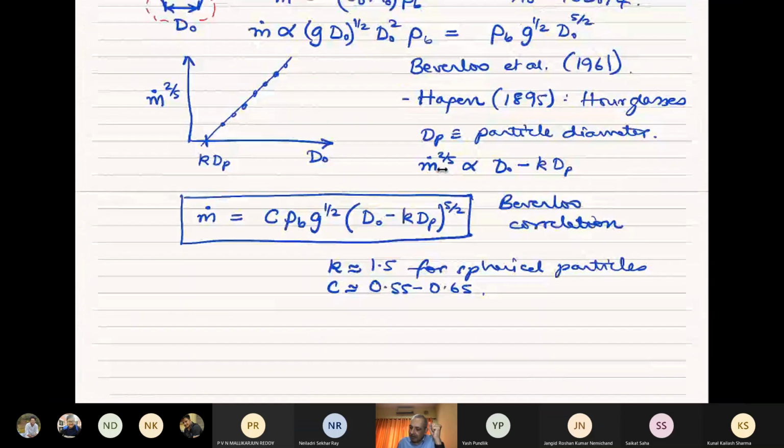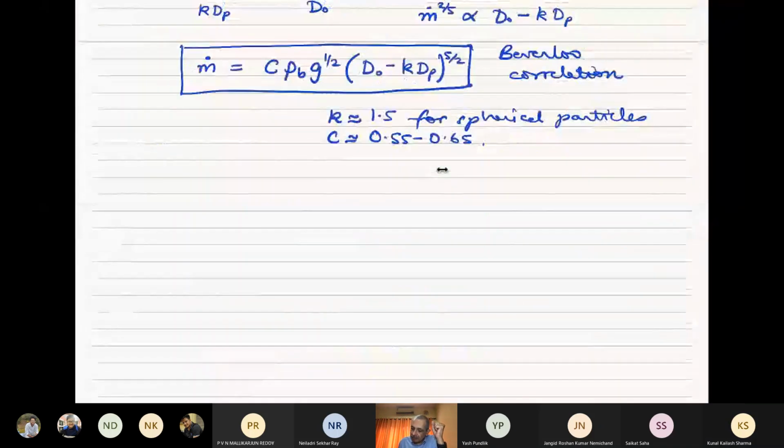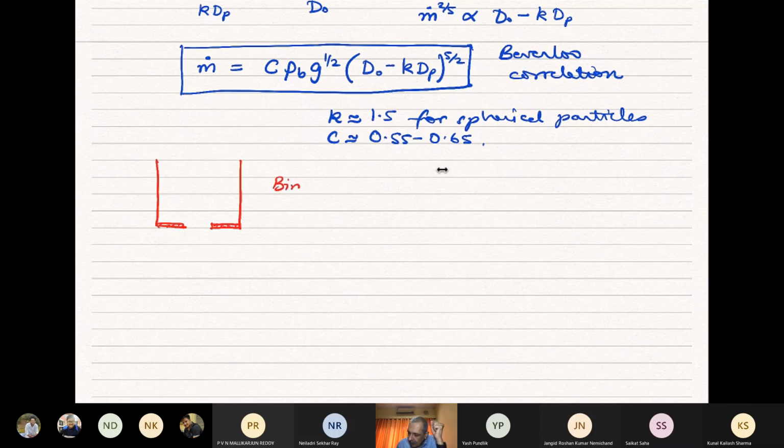And really, though I have shown it for hoppers, there are also many cases where instead of a conical section at the end, people just use a straight section. So this is usually called a bin, where you have either a cylindrical or a rectangular cross section, and the material is flowing out at the base.